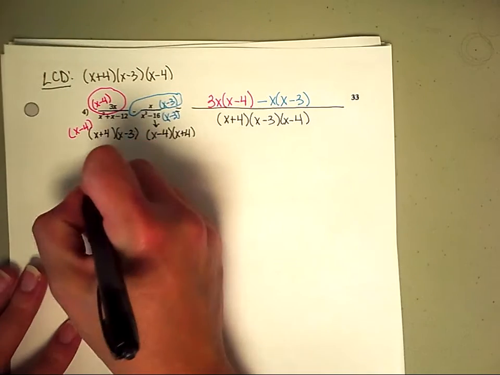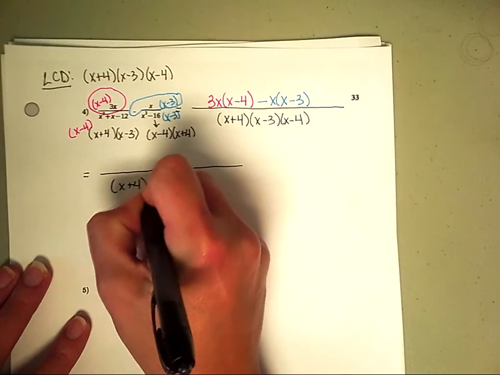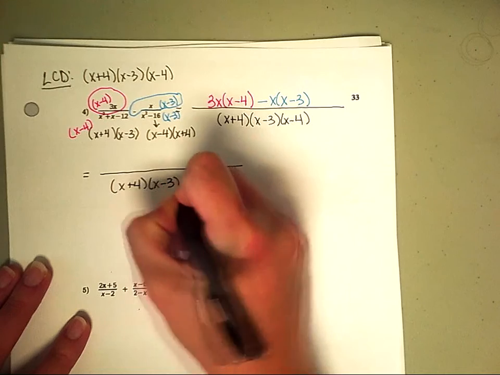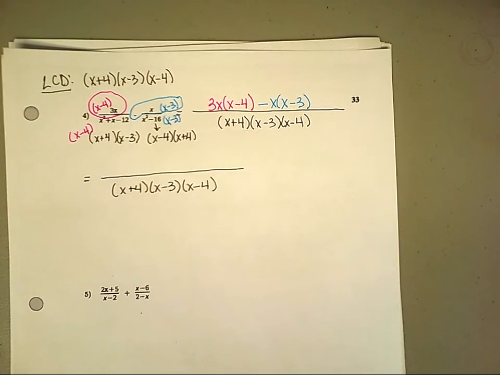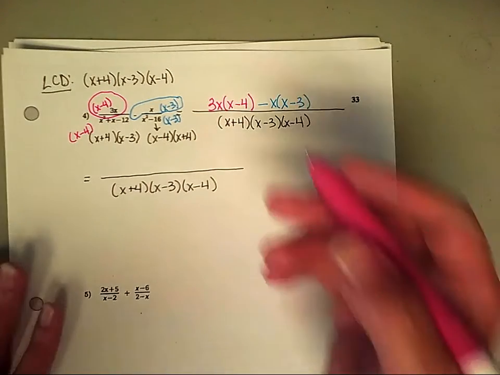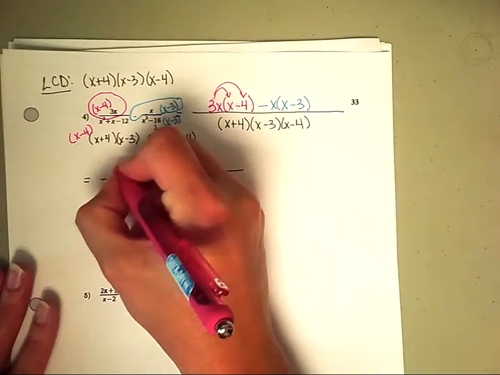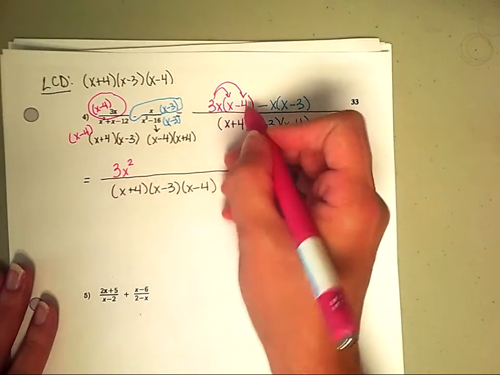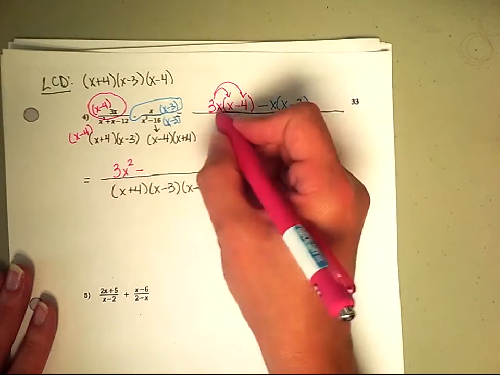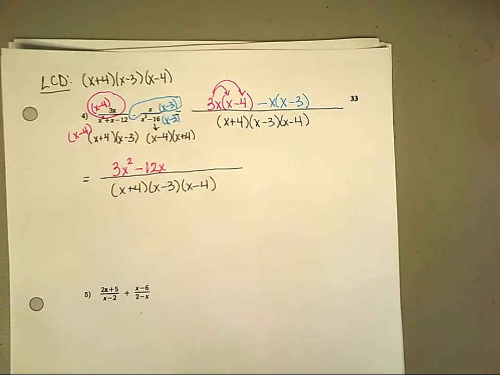Now let's simplify this. Rewriting our denominator, x plus 4 times x minus 3 times x minus 4. Let's distribute the 3x through. So 3x times x is 3x squared. 3x times minus 4 is minus 12x.